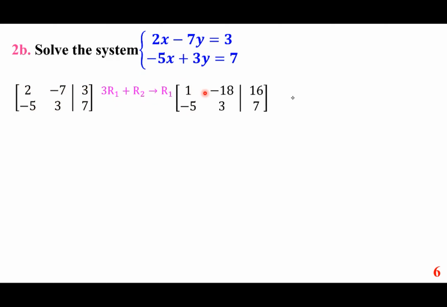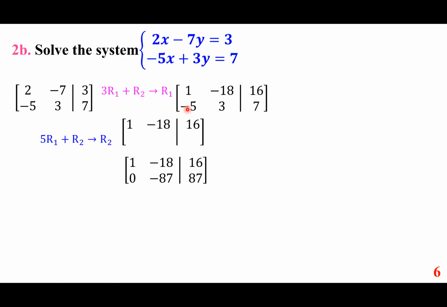Therefore, first, let's write the very first row. We want to change this one to a 0. One way is to multiply the first row by 5 and add it to that. So if I multiply this one by 5, this becomes 5 and -5, 0.